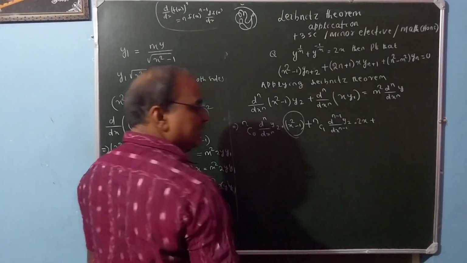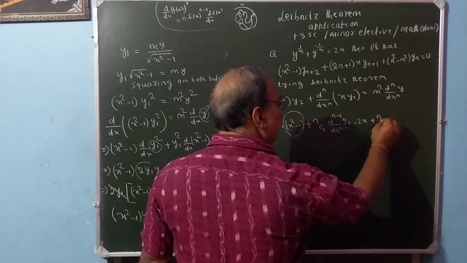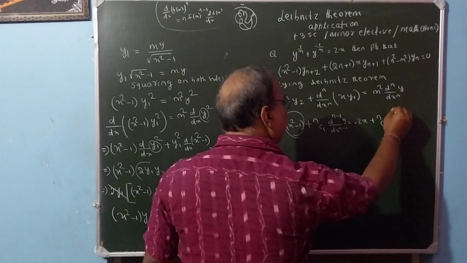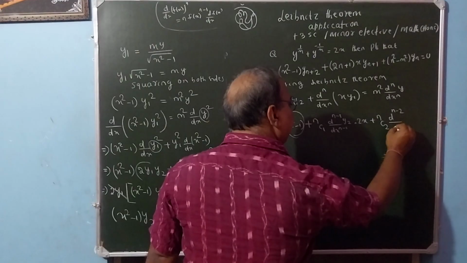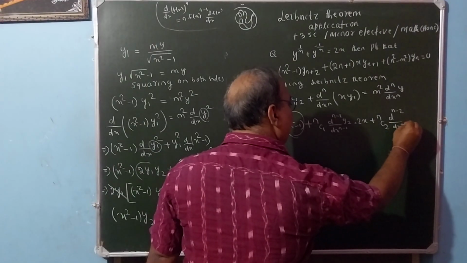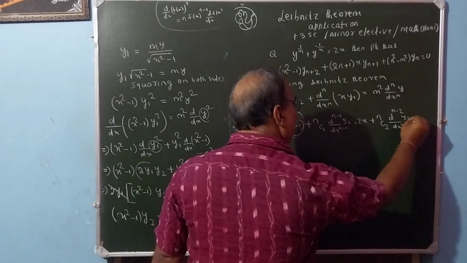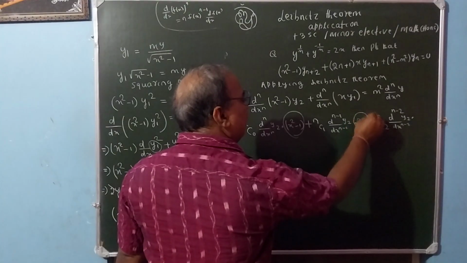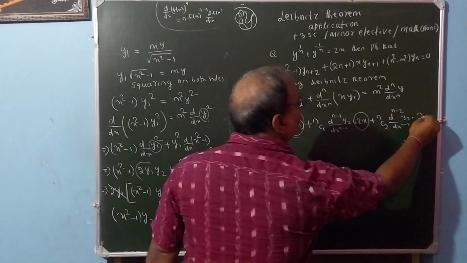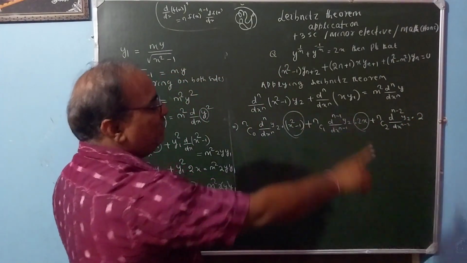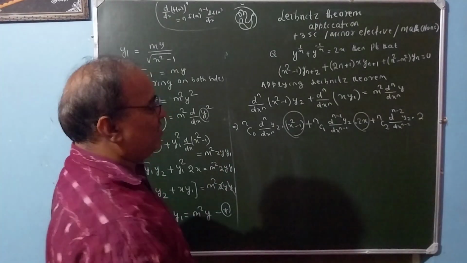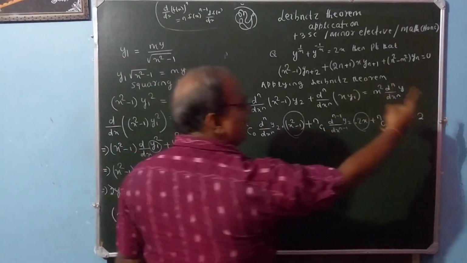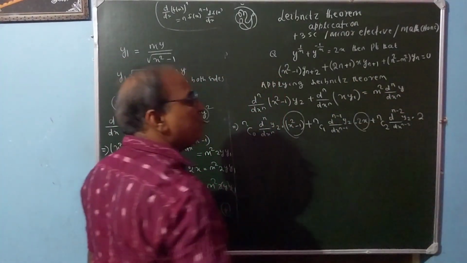Now plus nC2 d to the power n minus 2 by dx to the power n minus 2 of y2 into derivative of 2x, that is 2. Now this Leibniz theorem will come to help here because in the next step the derivative of 2 will become 0.